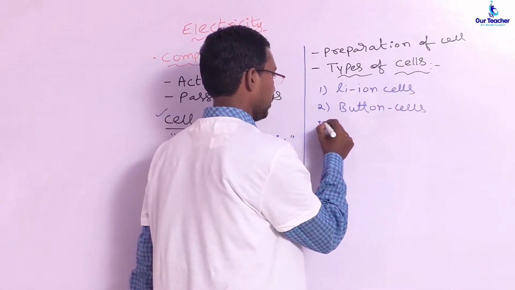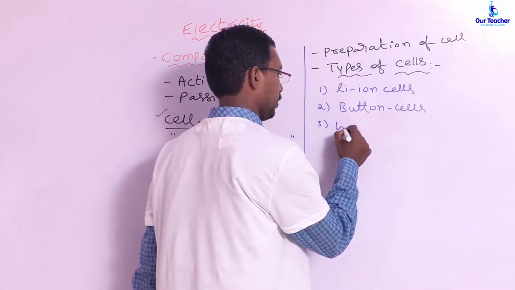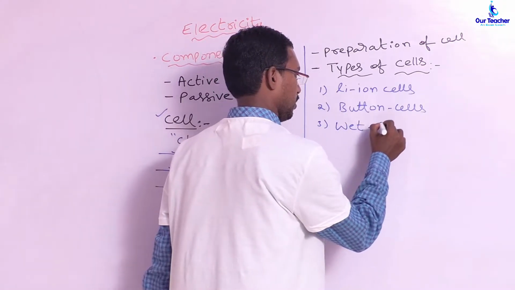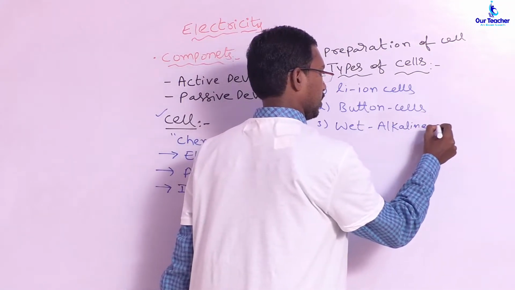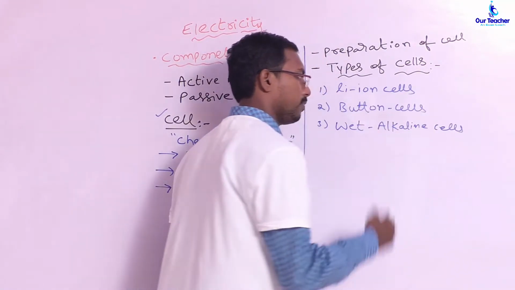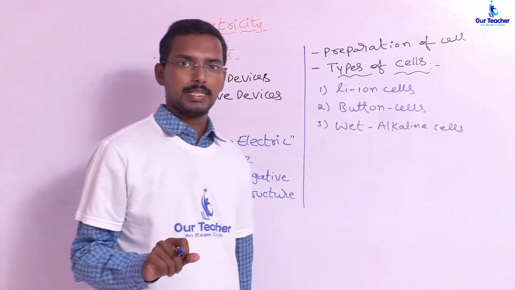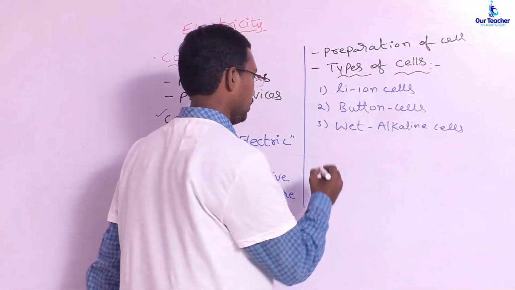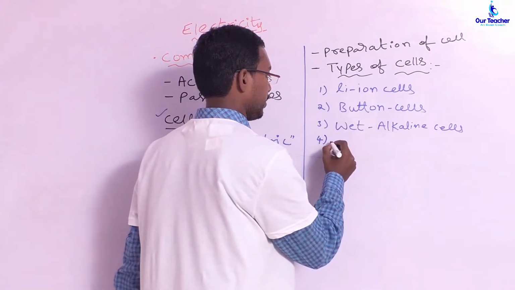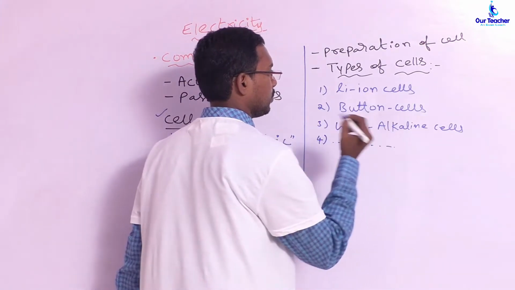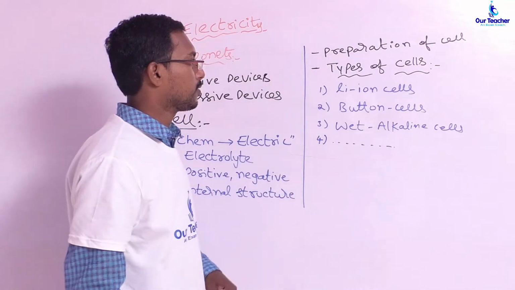And third one, wet cell or alkaline cell, which are used in your bikes and cars. Okay, and you can go for the remaining cells also. So these are about types of cells.